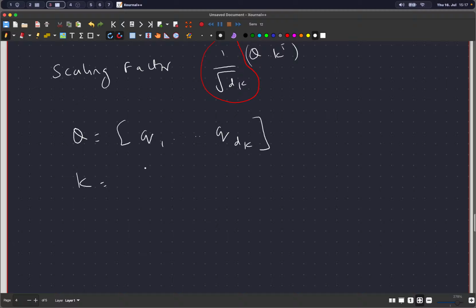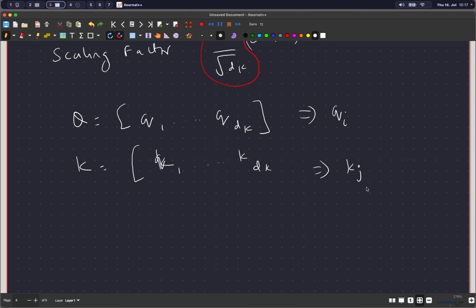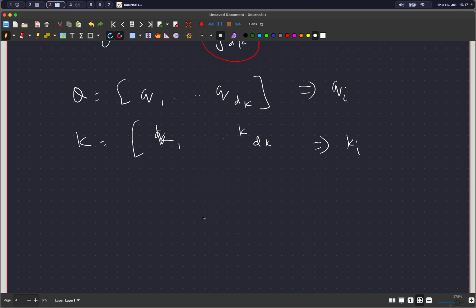Same goes for key. We have K1 all the way up to KDK, and I'm just signifying them by, let's say, Qi and Ki. Now, what I'm saying is, when dk is very large, when the dimensions in our vectors q, k, and v are very large, then Qi times Ki is also mostly large.